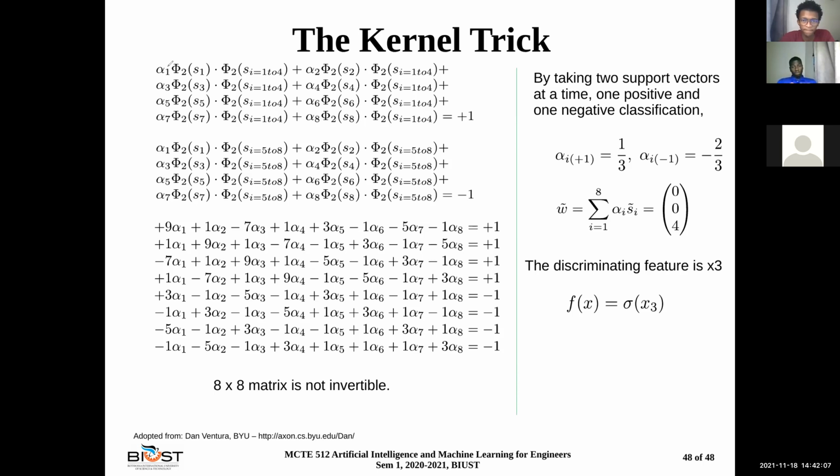You have alpha of all the information, theta 1, sorry. You have support vector 1 multiplied by theta 2 of support vector 1 to 4. What does it mean? And then alpha 2 times support vector 2 times this one, support vector 1 to 2.